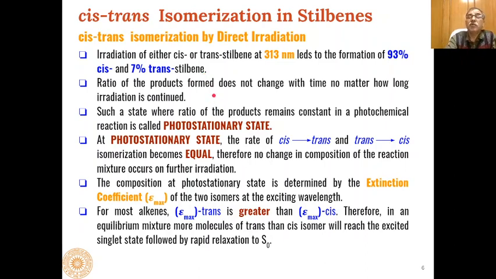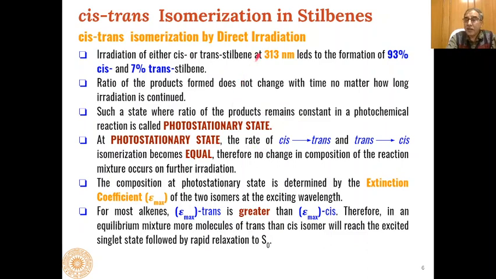And we can see that the ratio of the products formed at this particular wavelength is constant. It never changes with time, irrespective of how much time we irradiate the reaction mixture. Such a condition where the ratio of the products remains constant in a photochemical reaction is called the photostationary state.